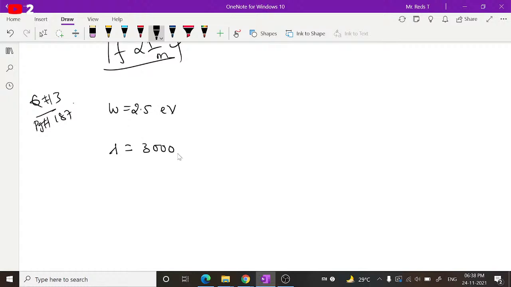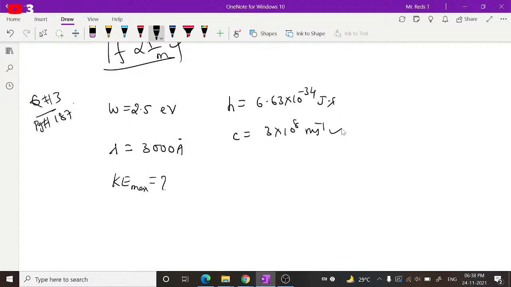What is the maximum kinetic energy, KE max, of photoelectrons emitted if radiation of wavelength 3000 angstrom unit falls on it? It is provided that the value of constant h is 6.63 into 10 to the power minus 34 joule second, and the speed of light in free space is 3 into 10 to the power 8 meters per second. So how to get this?